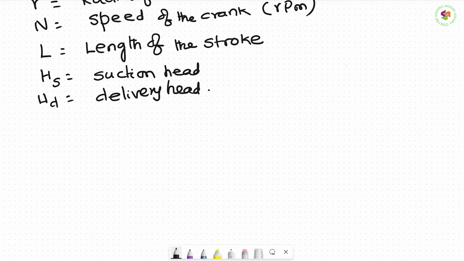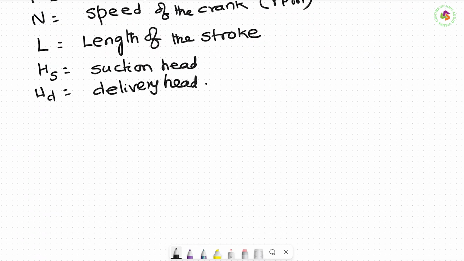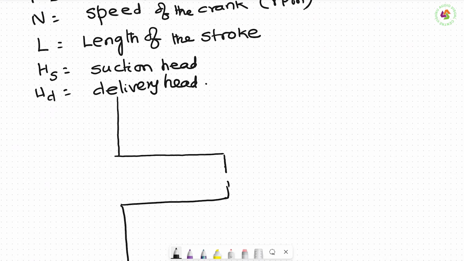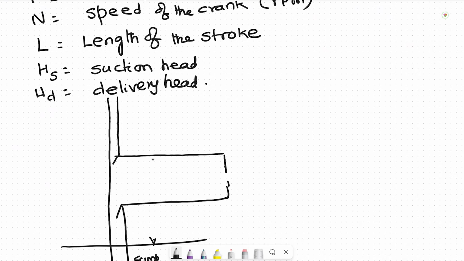Yesterday itself I have drawn the figure. Just for your understanding sake, quickly I will outline the figure. So this is the cylinder, and this is the suction pipe. This is the delivery pipe. Suction valve, delivery valve. This is the sump. Then actually we are having the piston here, and this is the piston rod.